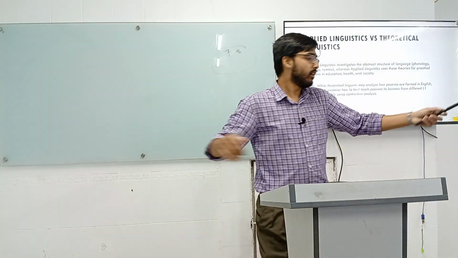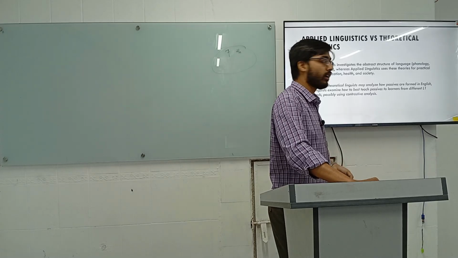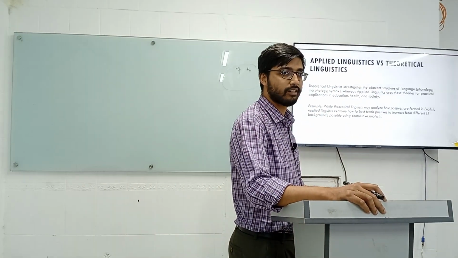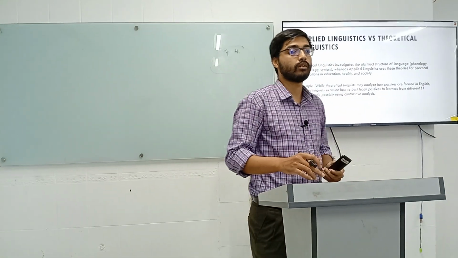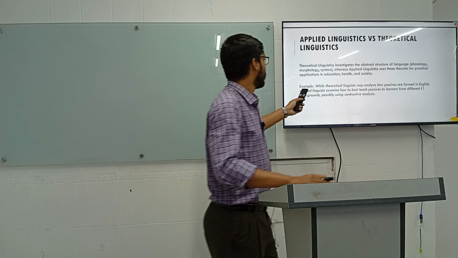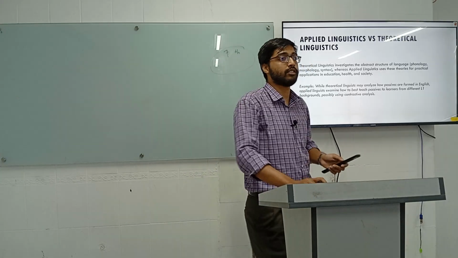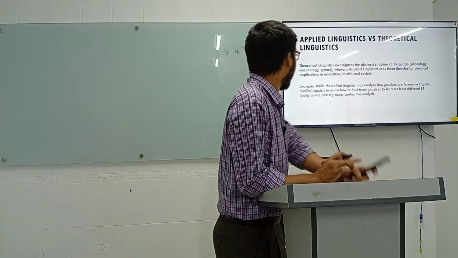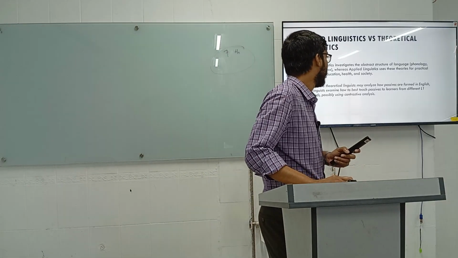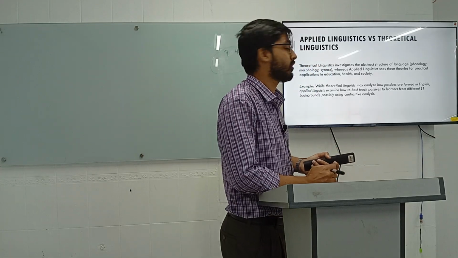For example, while theoretical linguists may analyze how passives are formed in English, passive means active voice, passive voice, applied linguists examine how to best teach passives to learners from different L1 backgrounds, possibly using contrastive analysis.